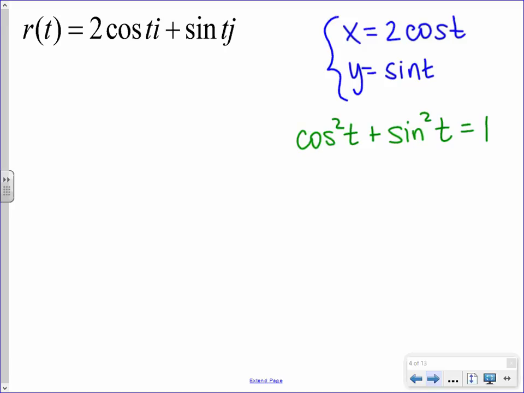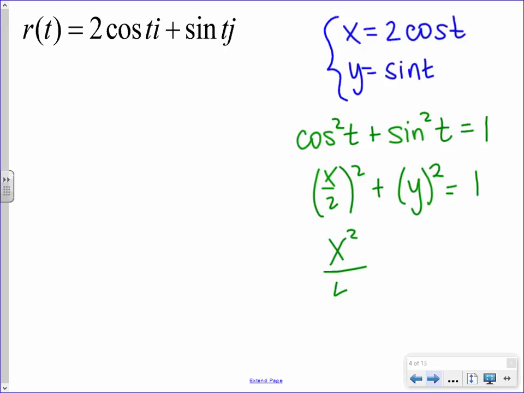Cosine of t is the same as what? Careful. x over 2. And sine of t is the same as y. So what we have is x squared over 4 plus y squared equals 1.